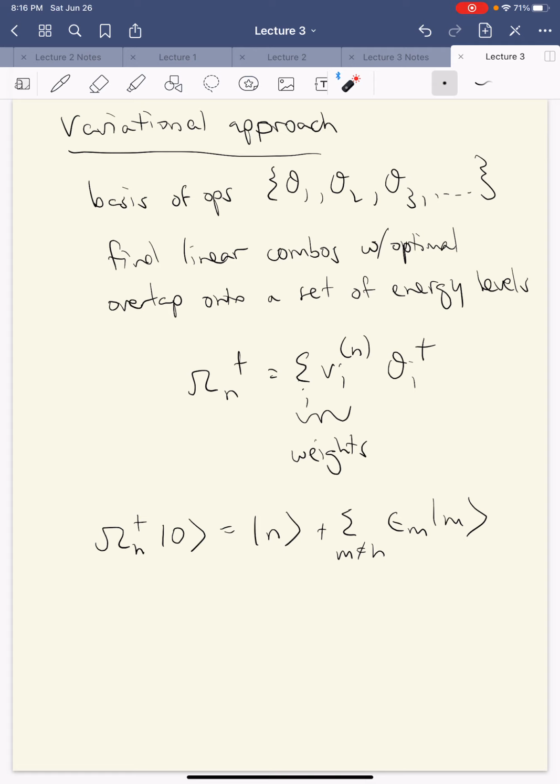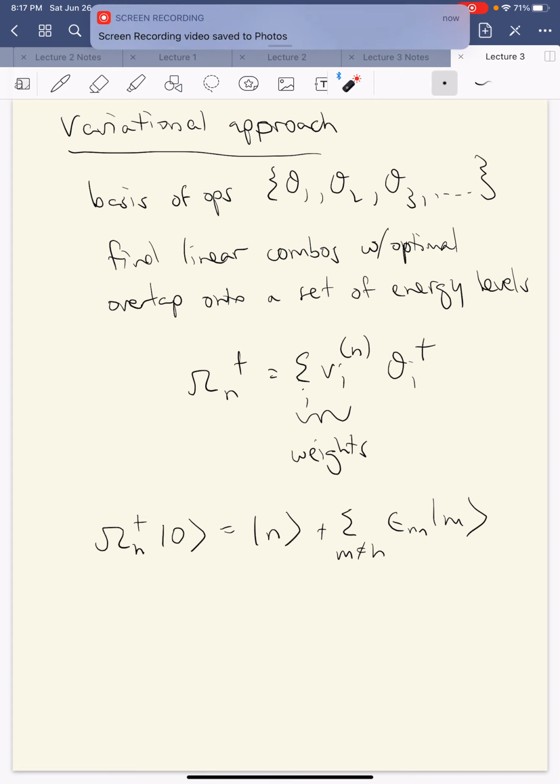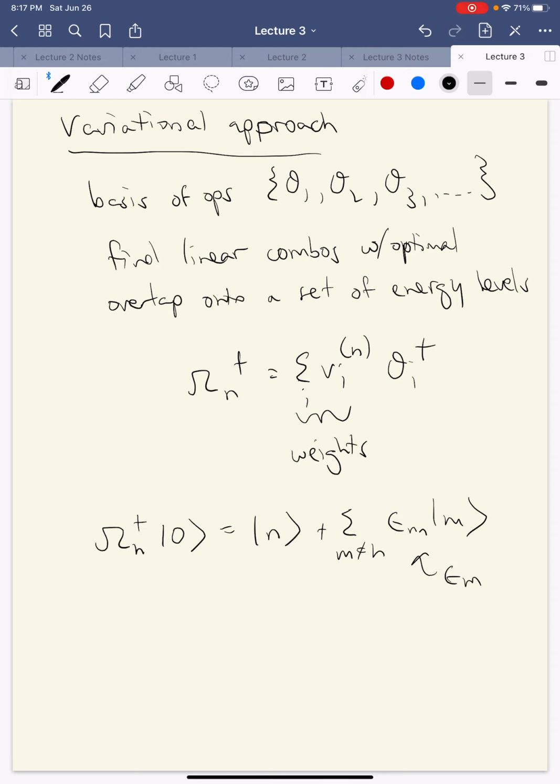So let's say the set m for m not equal to n are all the other states in the box. I want it to have some overlap epsilon, where epsilon is as small as possible. So this gives me something, right? I want to minimize the epsilons that I can use a variational principle on.